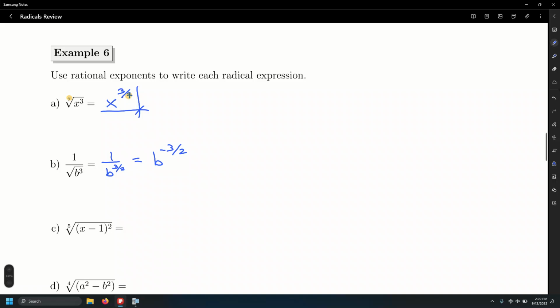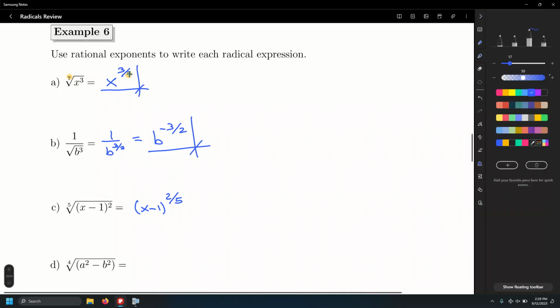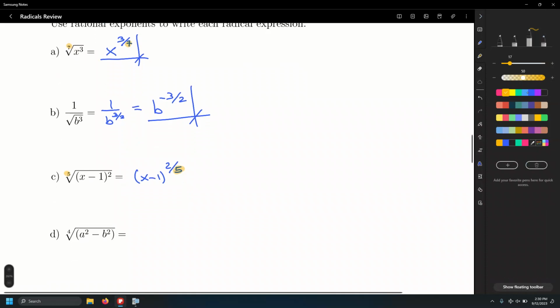Same here. The index is 5. That's going to be the denominator of the rational exponent. That is x minus 1 raised to the 2/5. And again, this 5 right here comes from the index 5. And last but not least, one more.